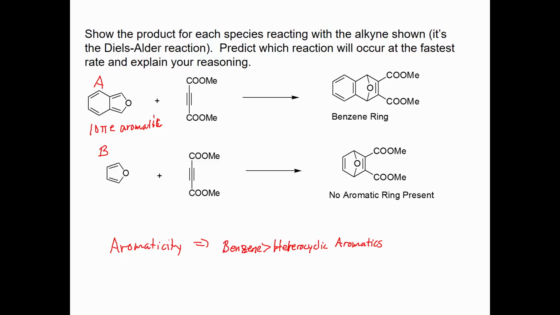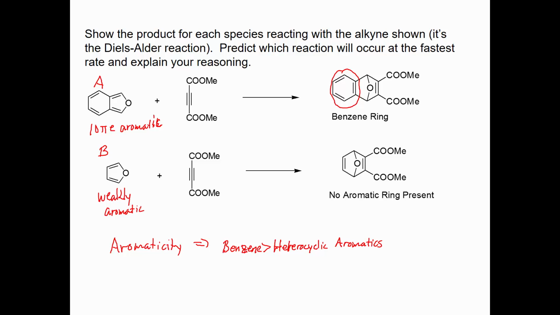The aromatic stabilization for benzene is much greater. So here in the top one, we go from being weakly aromatic from the heterocyclic aromatic system to a benzene aromatic system. And this is far more favorable than the bottom case where we go from being a weakly aromatic compound to a compound that has no aromatic character whatsoever.